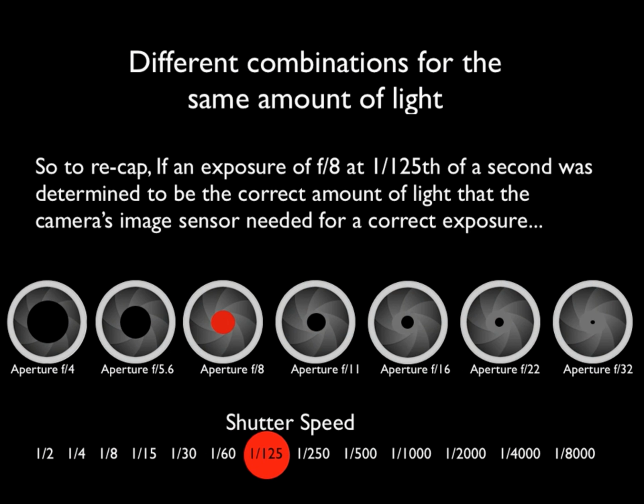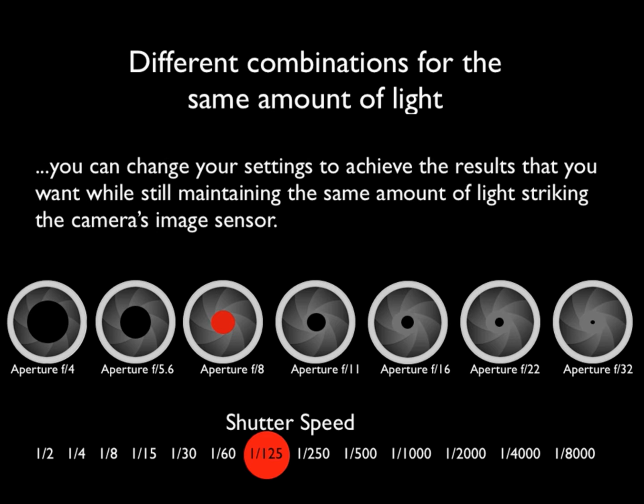So to recap, if an exposure of f8 at 1/125th of a second was determined to be the correct amount of light that the camera's image sensor needed for a correct exposure, you can change your settings to achieve the results that you want while still maintaining the same amount of light striking the camera's image sensor.